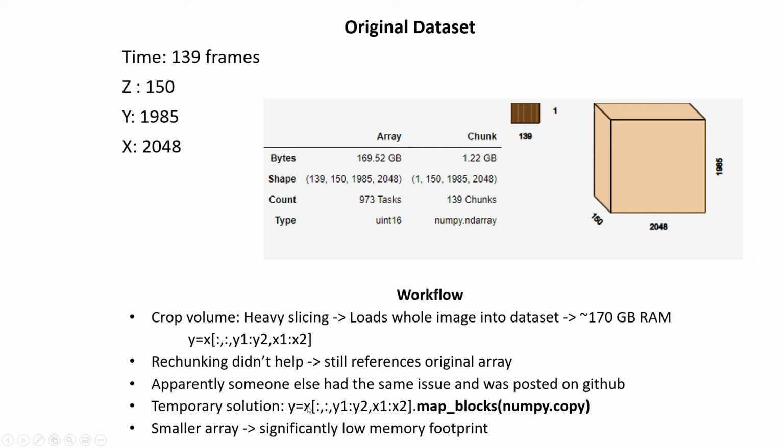And the solution that was mentioned was if you run this command where you do a mapping and do an np.copy, what it does, from my understanding, is it creates an intermediary array of a size which is limited to the size of the chunk. And this led to a significantly lower memory footprint, and this is what I was after. So I thought, okay, why not try different chunk sizes and use this command and see if I can make the memory footprint even lower.